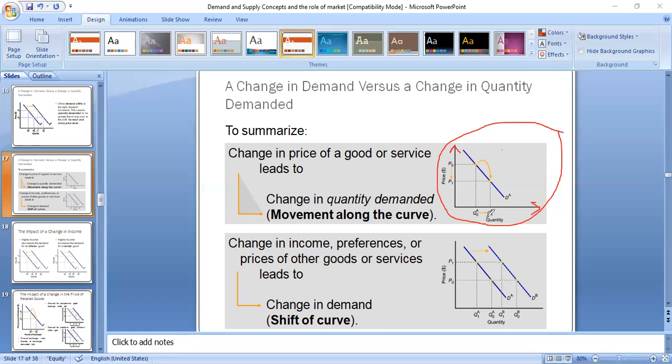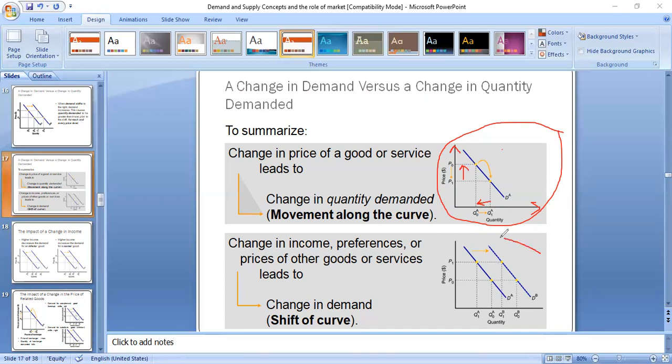In other words, it shows the variations or the changes in the quantity demanded as a result of the change in the price. For example, here we realize that when the price reduced from P0 to P1, the quantity demanded increased from Q0 to Q1. It could also be that when the price increased from maybe P0 to P1, then the quantity demanded reduced, right? So practically that is the change in the quantity demanded.